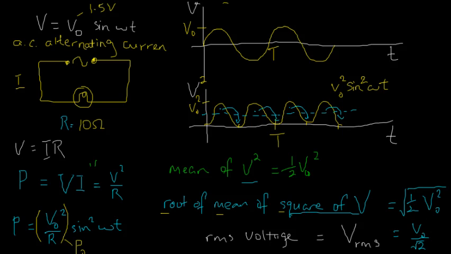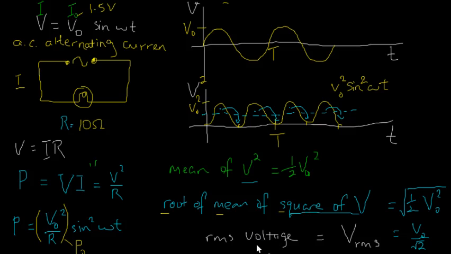Okay, and I'll just very quickly finish off by mentioning that we also know that the current follows the same formula. That means that the current is equal to the peak current I0 times sine omega t. So in other words, we can carry through the same idea for currents and get an RMS current.